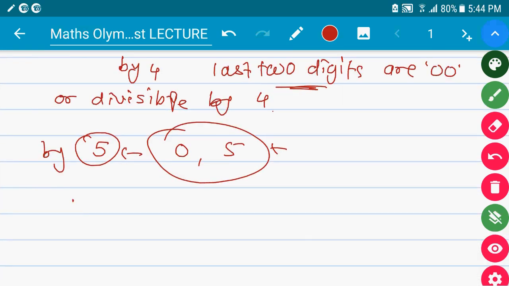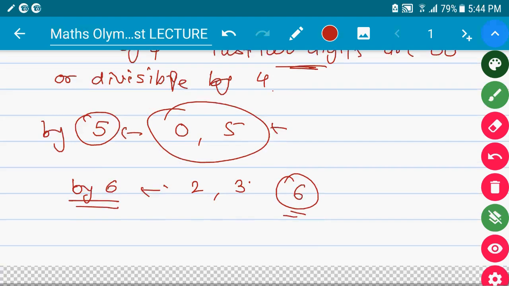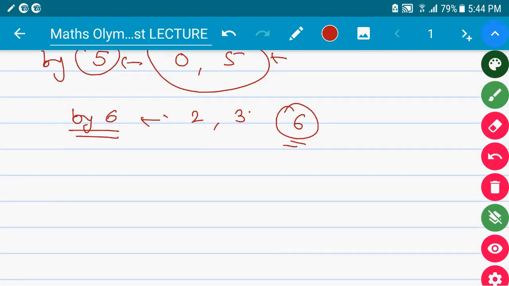Now the divisibility test for 6: if any number is divisible by 2 and 3, then the number is divisible by 6. For 7, it is a little bit complicated.